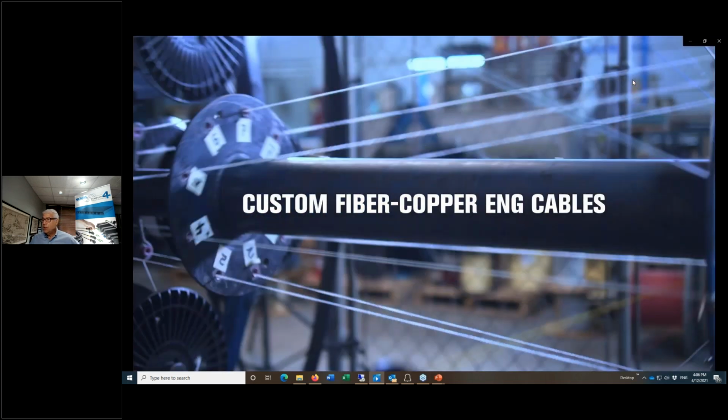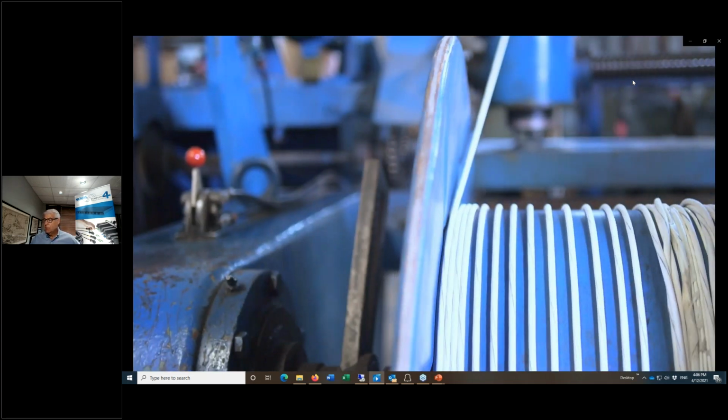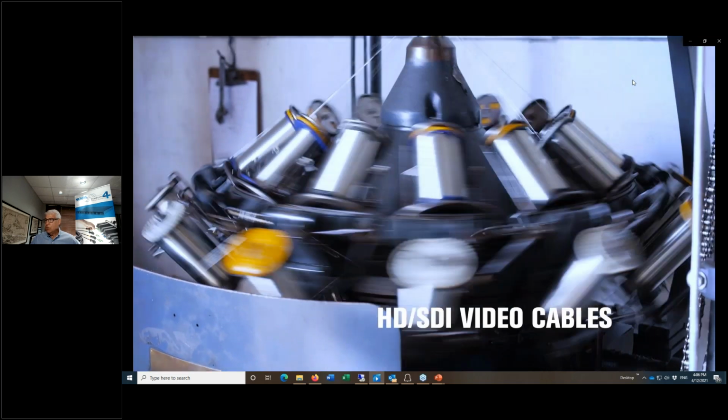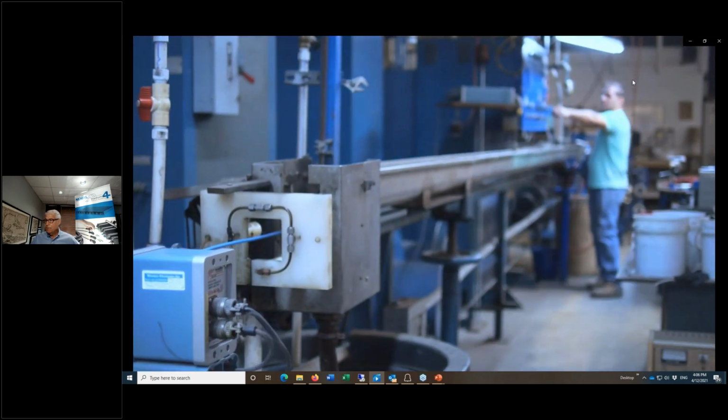That's the actual machine that we use to manufacture SMPTE cables. And braiding, we'll talk about that briefly.